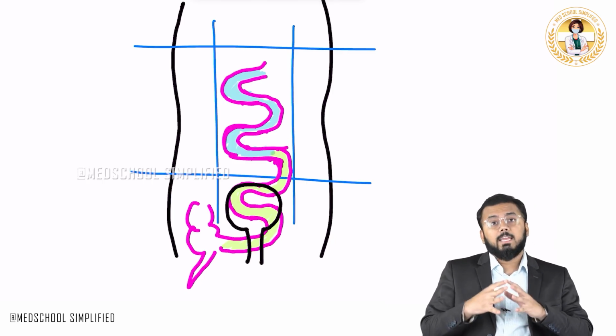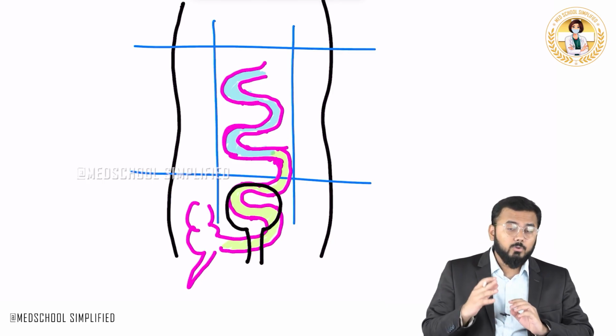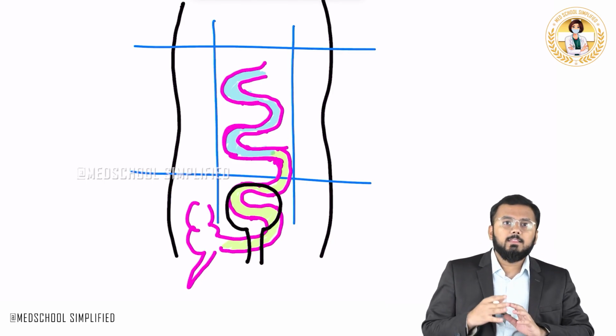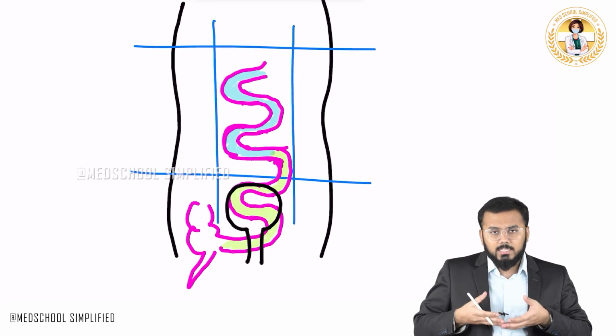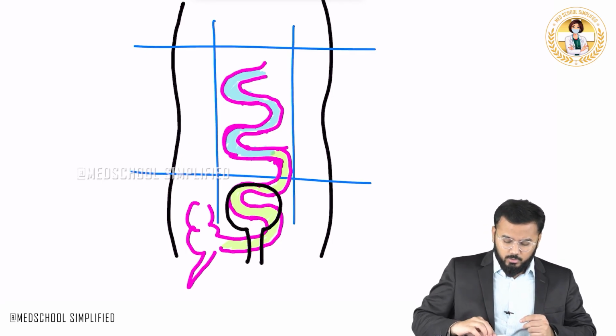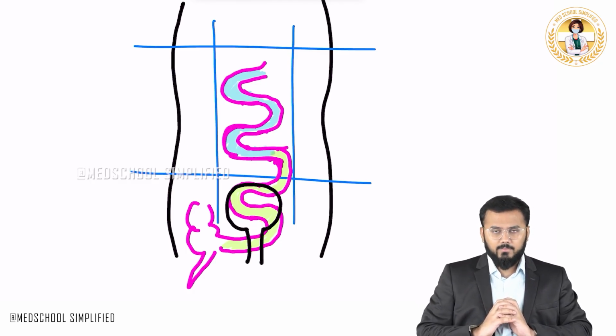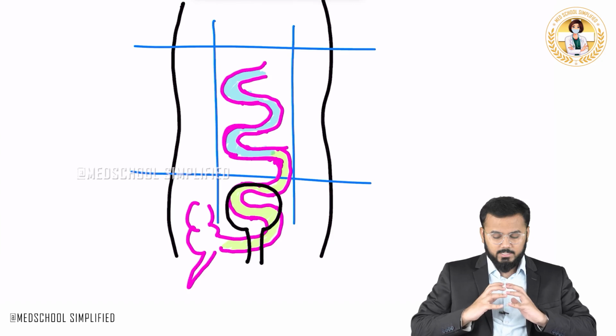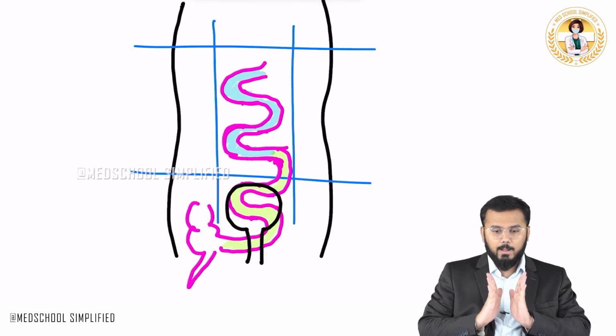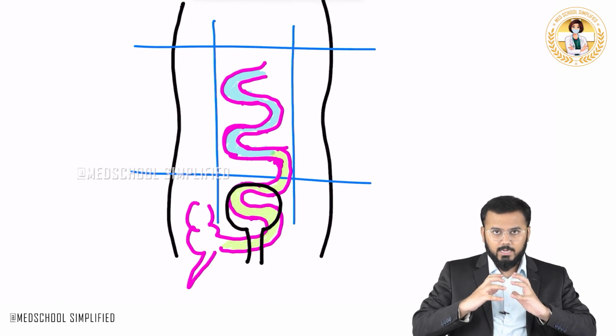No. When the uterus is enlarged, or when the urinary bladder is distended, in these two cases only, the organs distend up. Let us say if this is the urinary bladder or uterus, when they distend up, will they distend side to side? No, they will distend upward in this way.